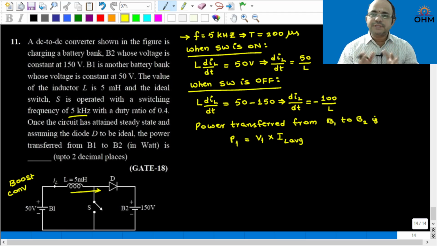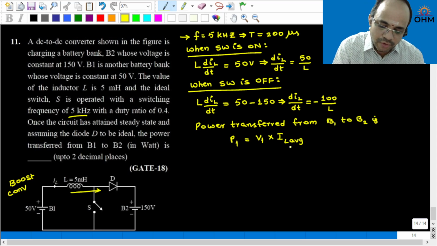So, from this concept, what you have to calculate is the average value of the inductor current.